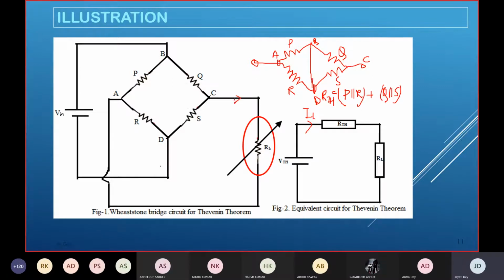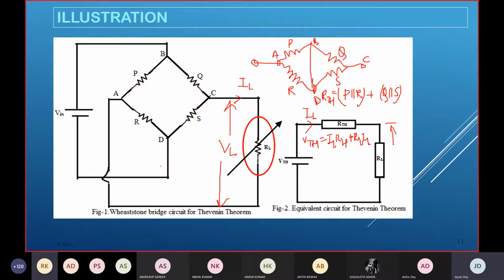Since these two are equivalent, this IL should also flow, isn't it? Achha. Now look here. We can write it like this, following KVL: IL RThevenin plus RL IL, or we can write it as VL, the voltage across the load resistance. Am I correct?